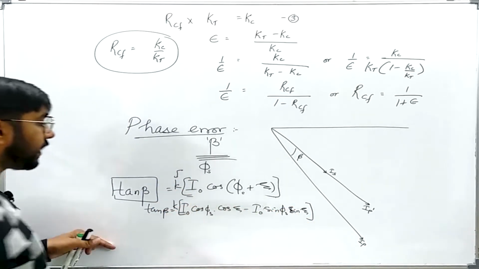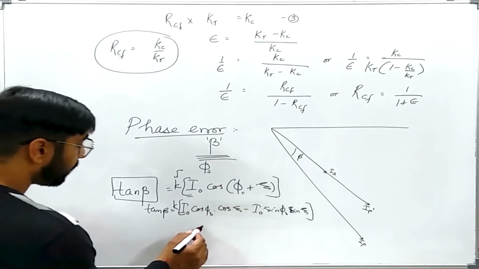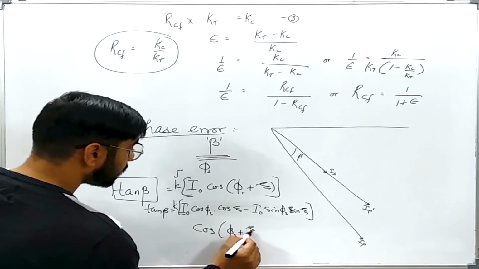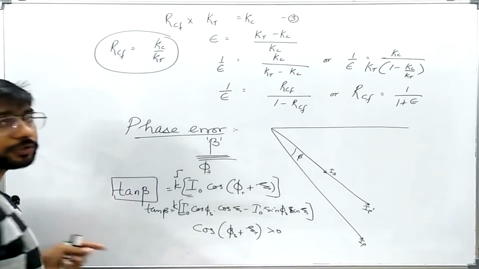Okay, now you can see that this tangent beta is going to be positive when cos (phi s plus zeta) is greater than 0, that is, it is positive.